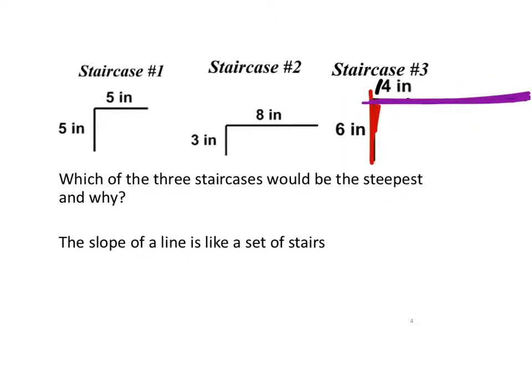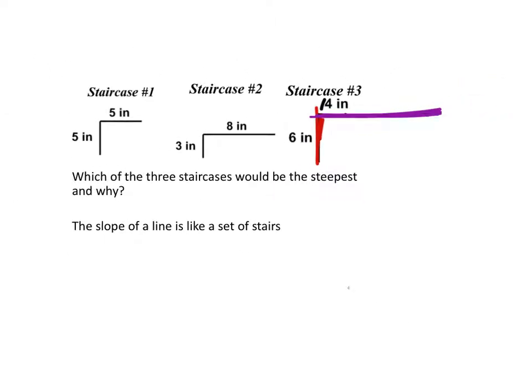However, the slope of a line is like a set of stairs, if we can just focus on these in terms of vertical to horizontalness. You could think about this in a different way. Which of these would you rather climb? A 6 by 4 inch step, a 5 by 5 inch step, or a 3 by 8 inch step?